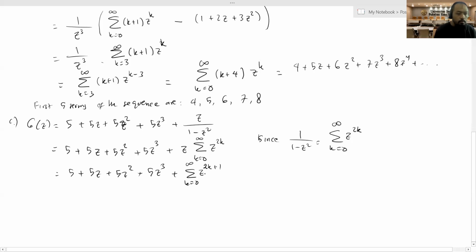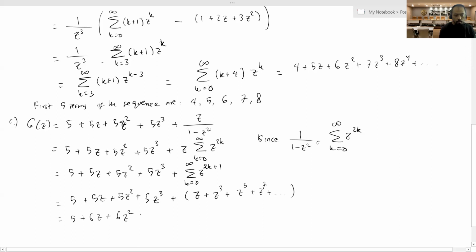Now here this is easy because then you could simply expand the infinite summation, plus, of course, z plus z cubed plus z to the power of 5 plus z to the power of 7 and so on.